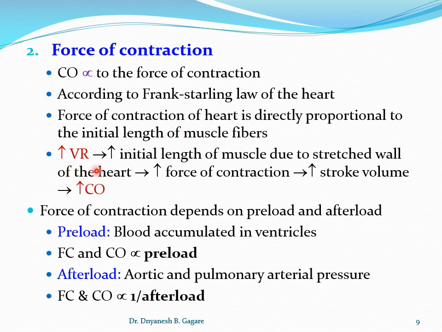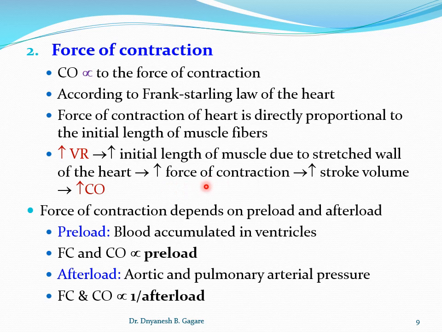Now see the mechanism. For example, there is an increase in venous return. That means there is more accumulation of blood in the heart, and this accumulated blood increases the initial length of the muscle due to the stretched wall of the heart. If the initial length of the muscle is increased, the force of contraction increases.